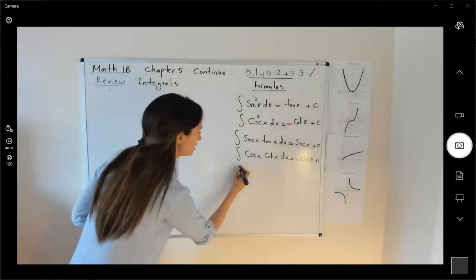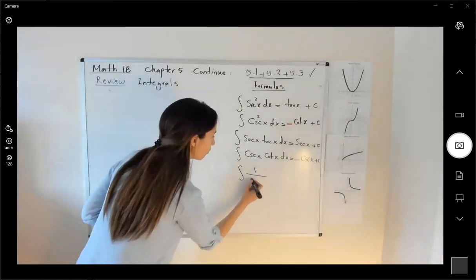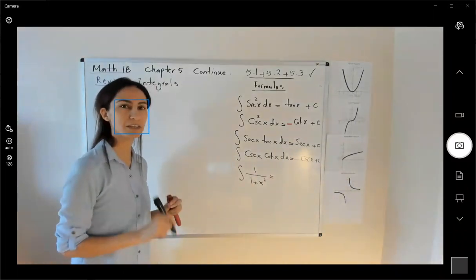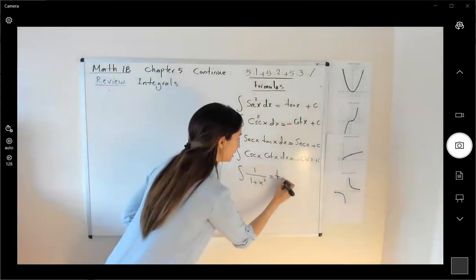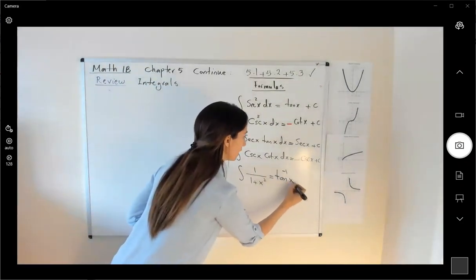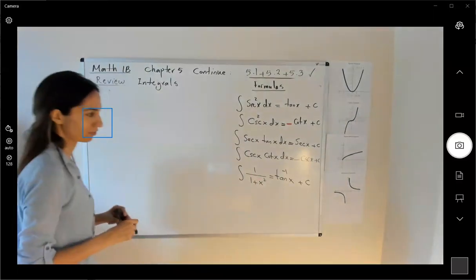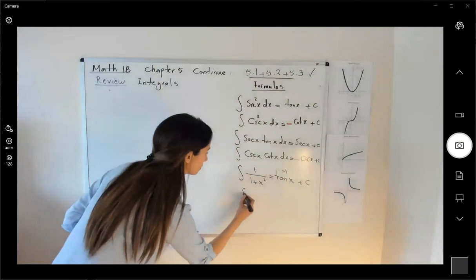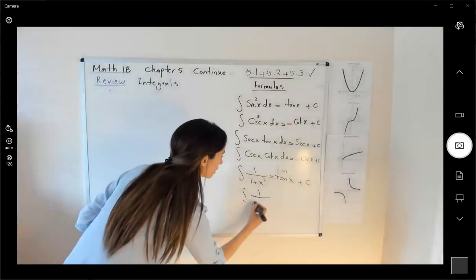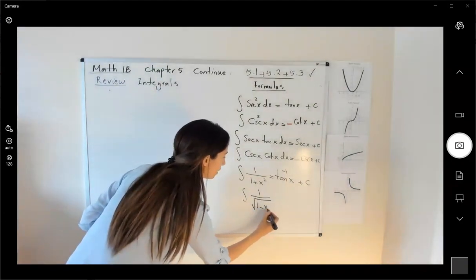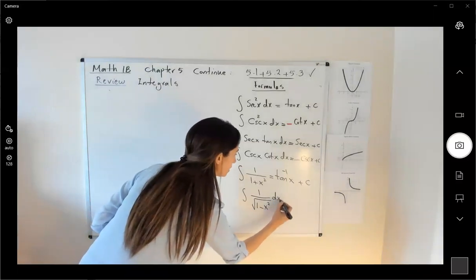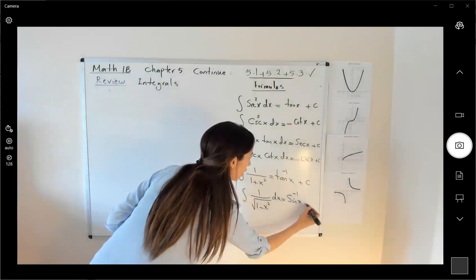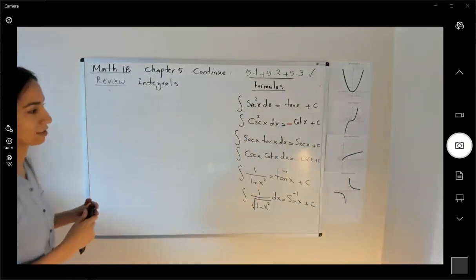If you have the integral of 1 over 1 plus x squared, this is equal to inverse tangent of x plus constant of integration. If you have the integral of 1 over square root of 1 minus x squared dx, it's equal to inverse sine of x plus constant of integration.